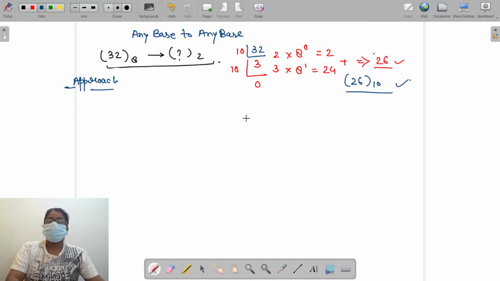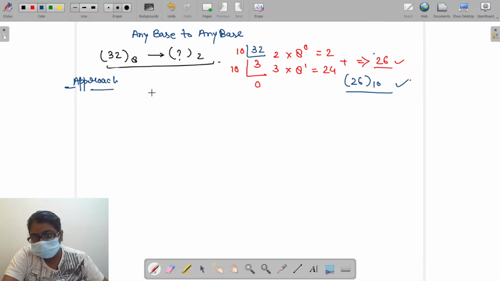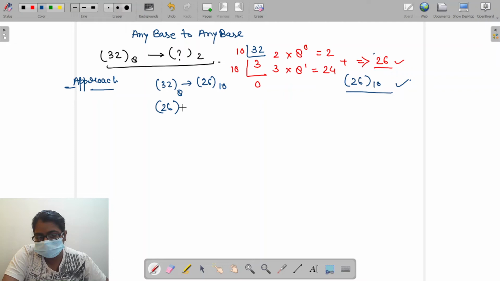Now we have to convert this decimal number, 26, to binary form. So take this number and keep dividing it by 2.